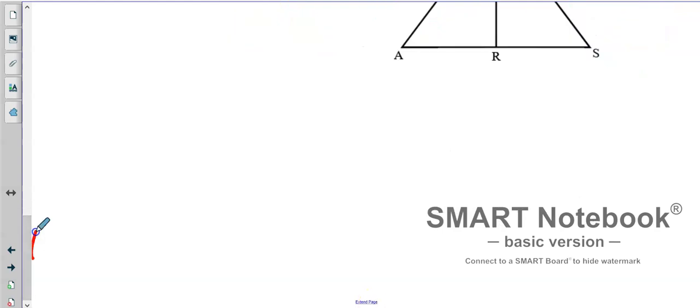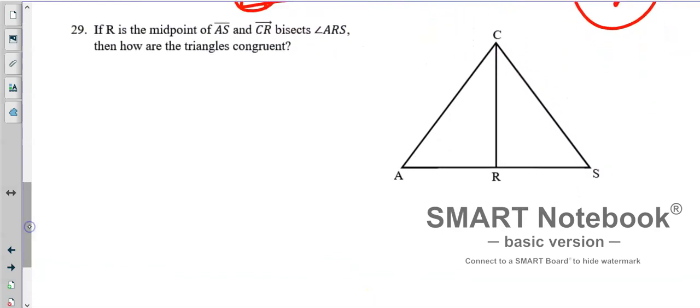29. If R is the midpoint of AS, so here's R, it's the midpoint of AS, that means those two are equal to each other. It says CR bisects ARS. Well, ARS, again, is this line right here. That's a 180 degree straight line. So if that's bisecting it, then we know those two are equal, or they're both 90.